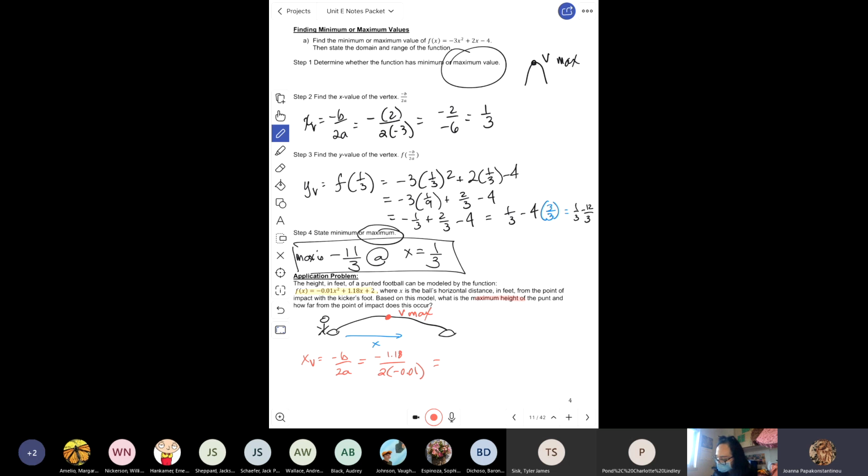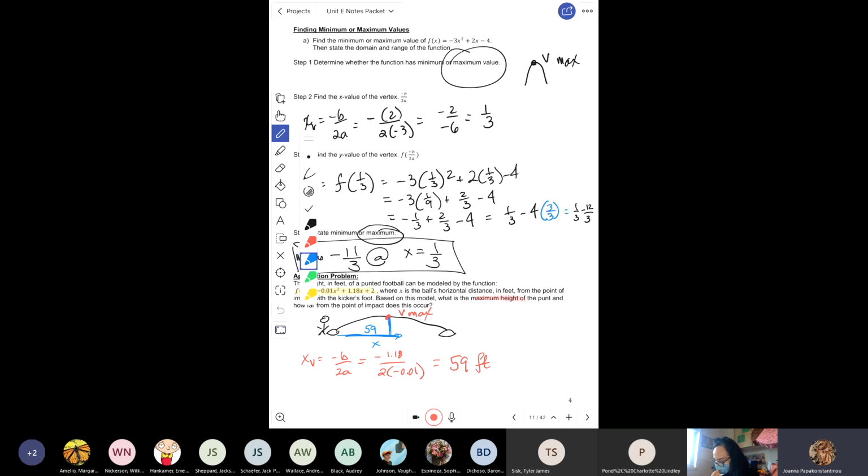How many feet is that? Anybody? 59 feet, okay? So remember, x represents the horizontal distance. So I now know that once I go 59 feet, I'm right where that maximum is going to occur.